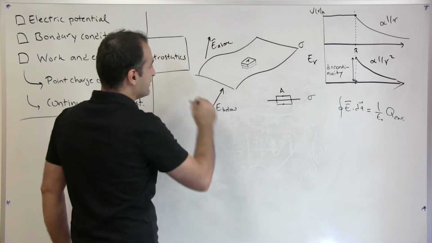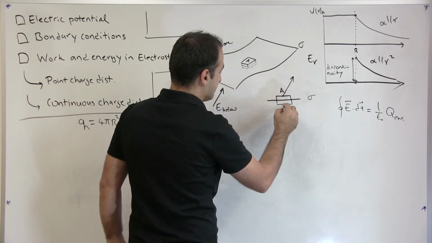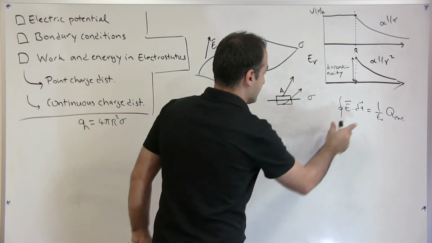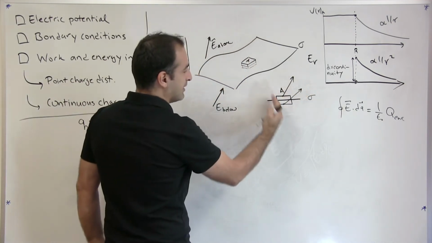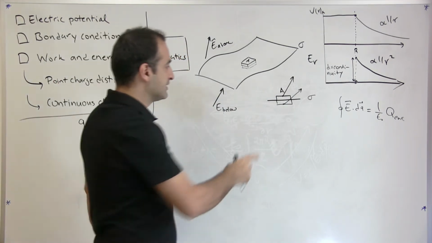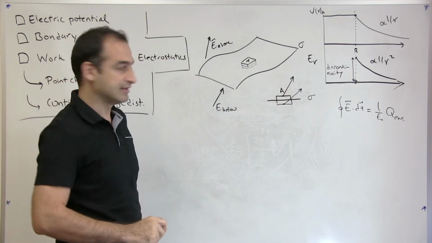So if E above is a random field, let's say with this direction, and E below is a field with this direction, if we do this integral, the left and right sides are going to cancel each other out, because we said the box is small, so whatever we get on the right, we get the same thing on the left side as well.